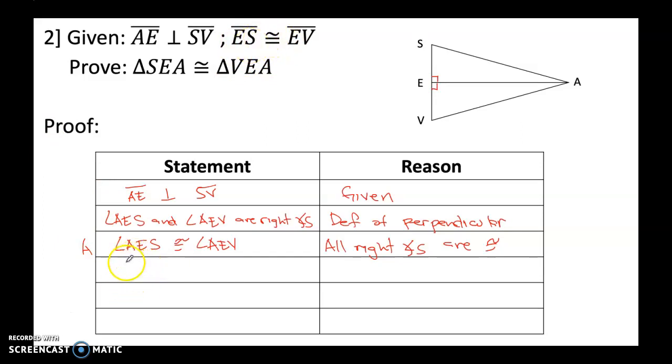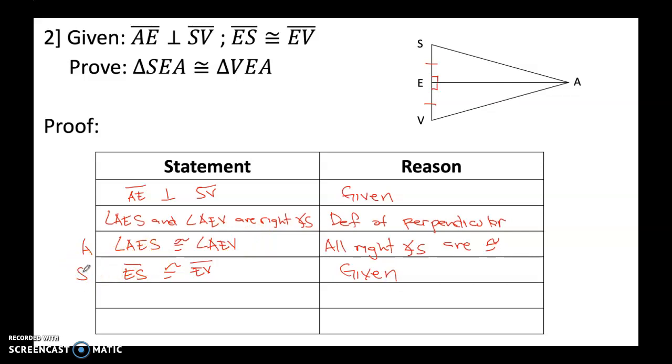We have segment ES is congruent to segment EB. Reason? We have the given, and that will be the side.